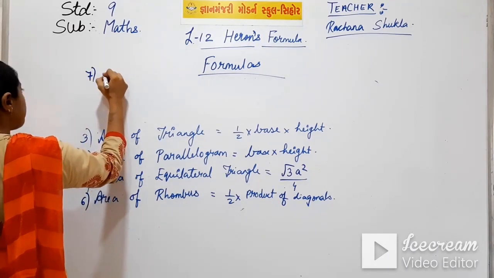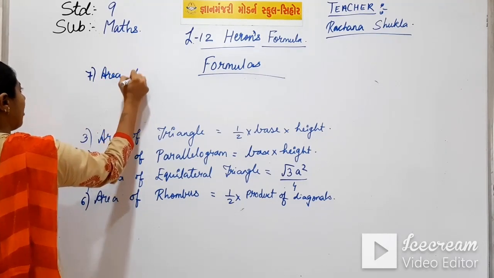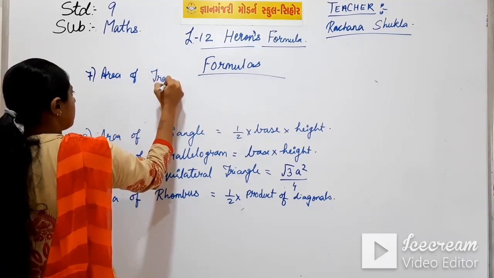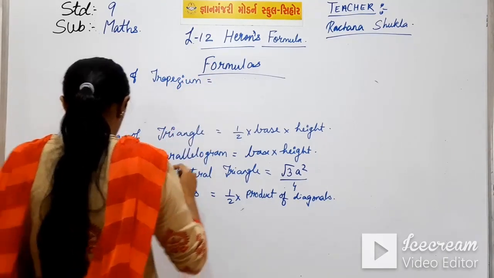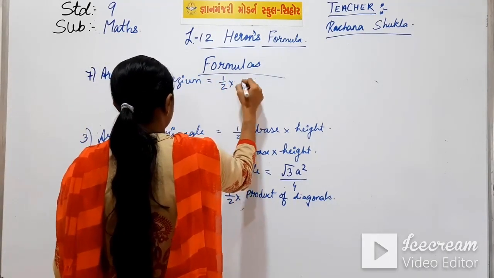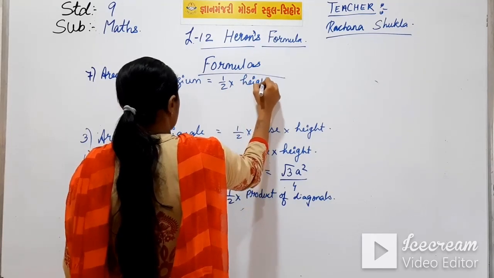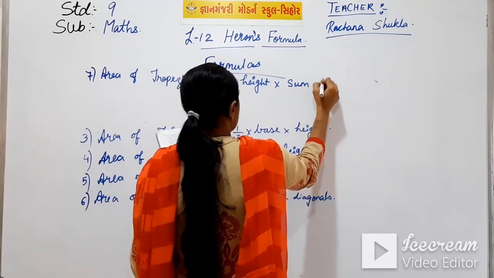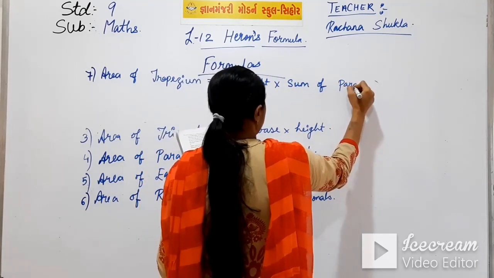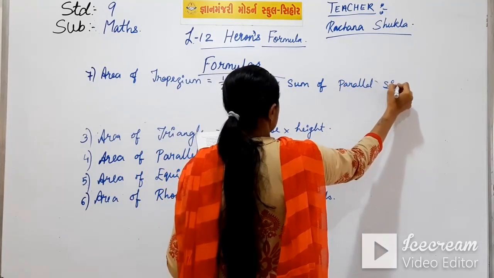Seven number is area of trapezium. The formula is half into height into sum of parallel sides.